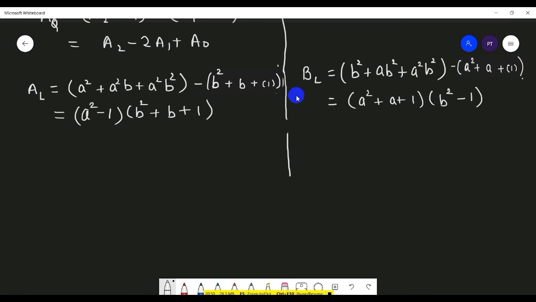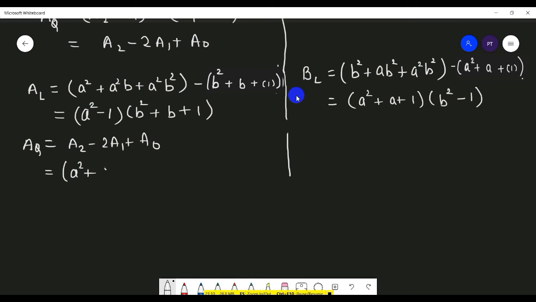Now we find the quadratic effect of factor A. The quadratic effect of factor A is AQ equal to A2 minus 2A1 plus A0. Now A2 is the sum of all the yields for which factor A is set at high level.